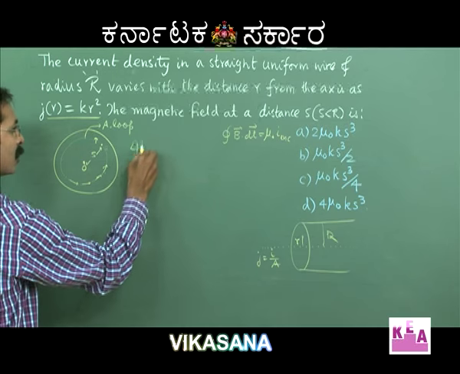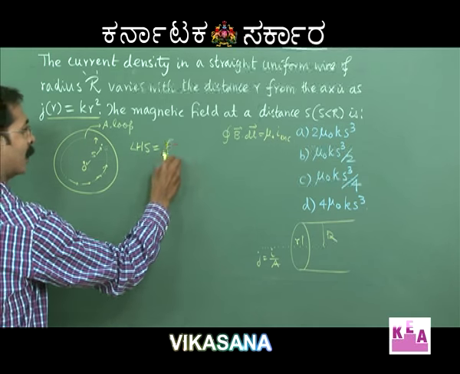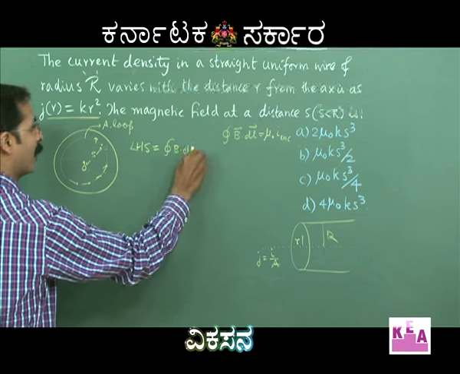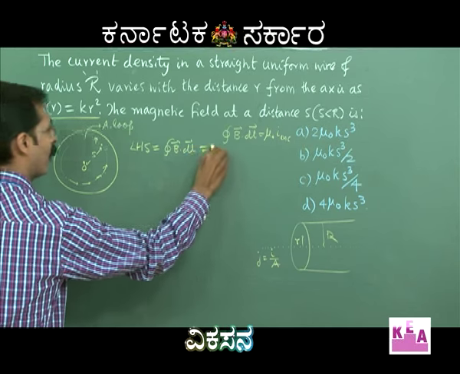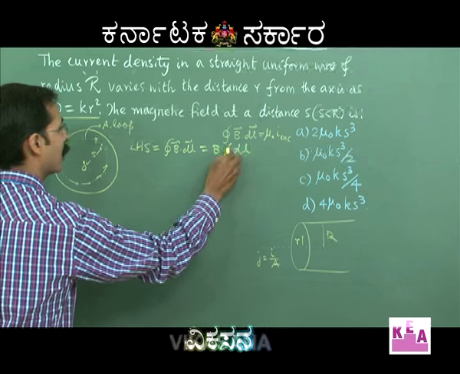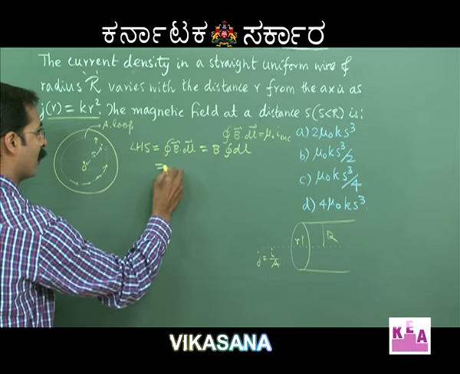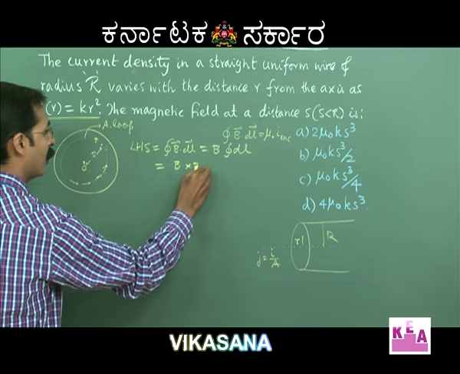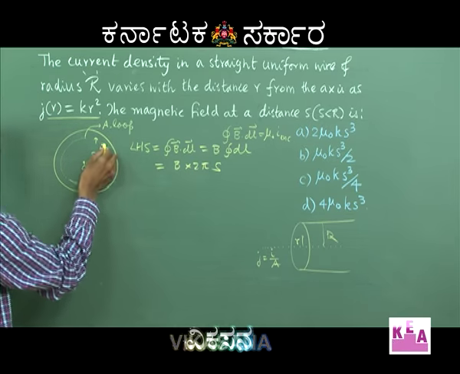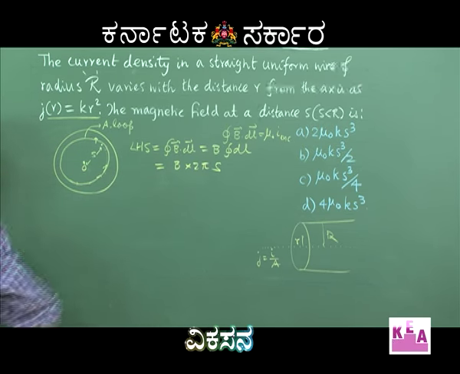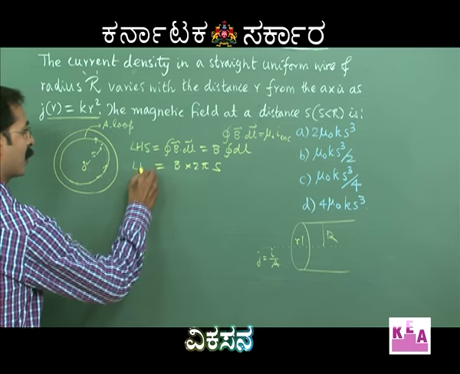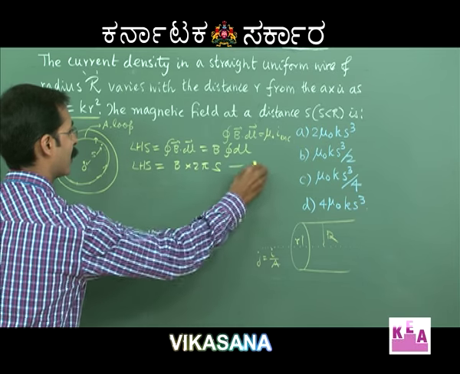Therefore, the LHS of Ampere circuital law, the closed line integral of B dot dl, would be just B times the closed integral of dl, which is equal to B into 2 pi s. That is the length of this Amperian loop. That is the LHS of Ampere circuital law. Let me call this equation number 1.